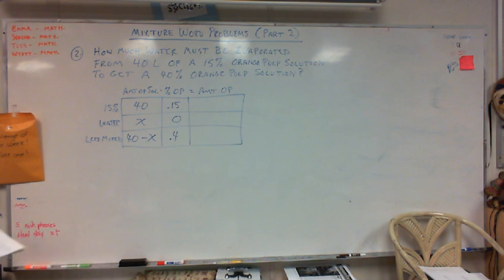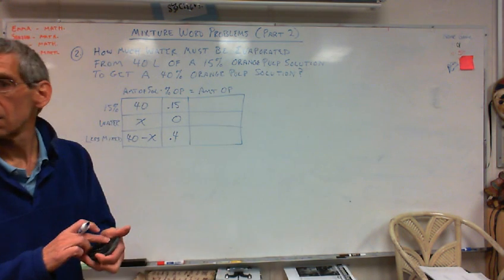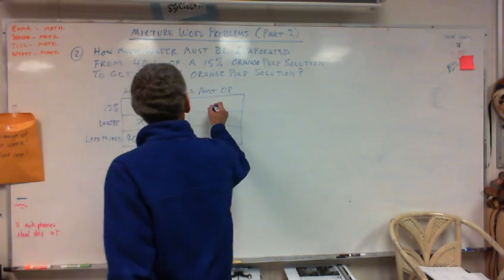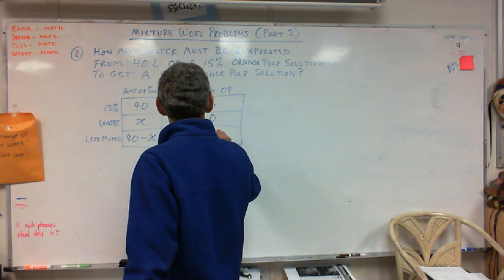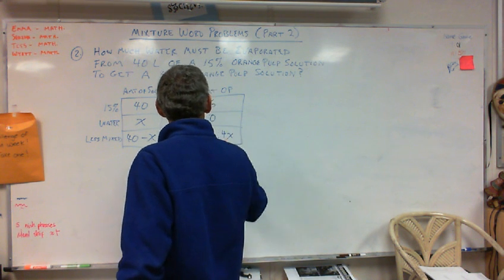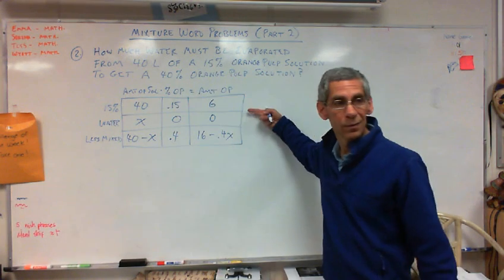Okay. So now we just do our multiplication again. Has anybody done it, or should I do it? First one's 6. And the third one's 16 minus 0.4x. Great. Thank you so much. That makes it so easy. So now what do I do with this?